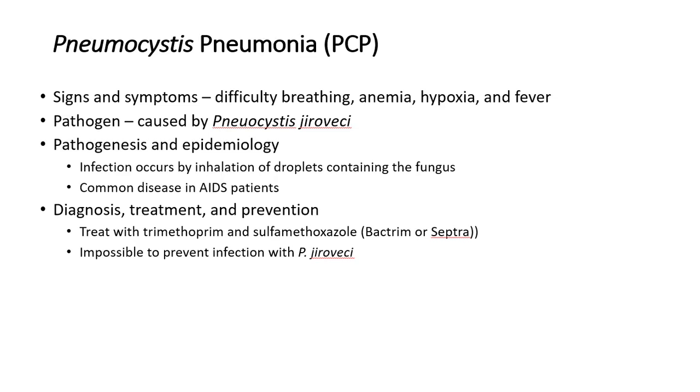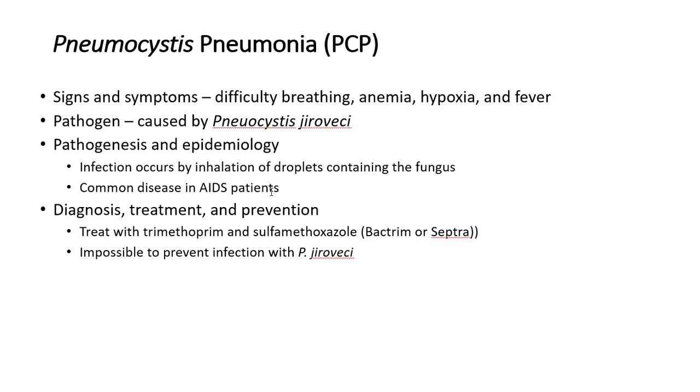Okay, Pneumocystis jirovecii. This used to be called Pneumocystis carinii, but it's changed. Basically, you get difficulty breathing, anemia, hypoxia, fever. You get this from inhaling the droplets containing the fungus. It is very common.